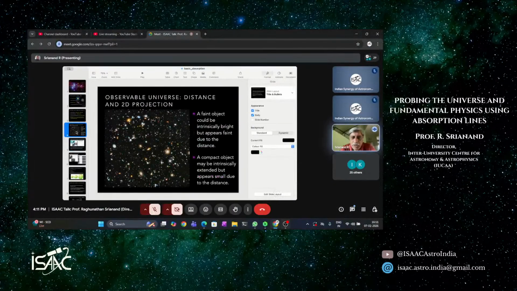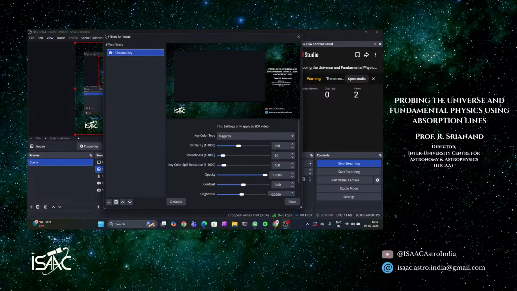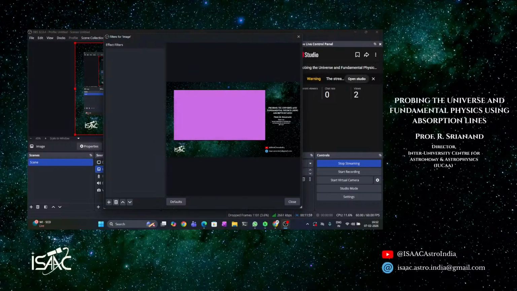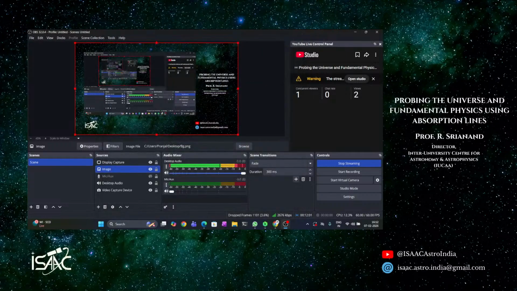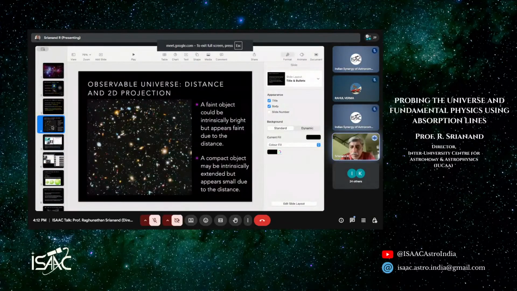The problem with this 2D projection is that an object that looks faint could be intrinsically bright. It appears faint because it is at a far away distance. Similarly, a compact object which looks extremely compact may actually be a very extended one, but it appears compact because it is very far away from us.